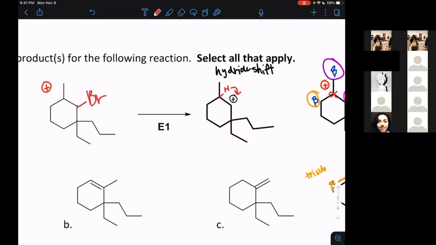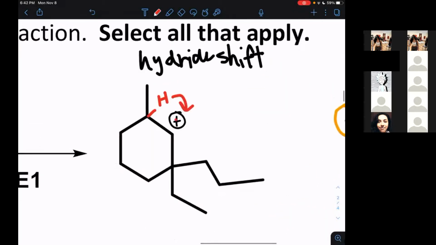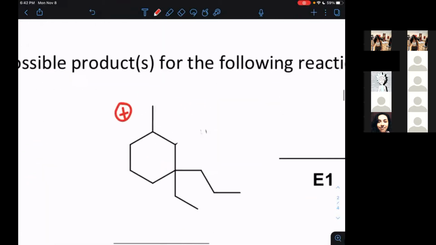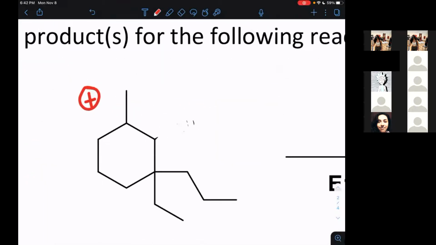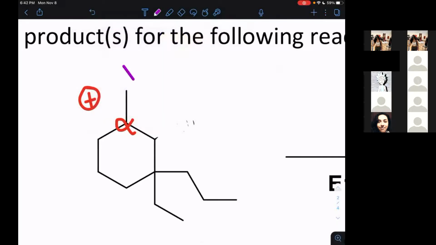So basically, I just destroyed our initial thing. This is BR, or whatever. And then first this one's gonna come off, so we'll have a carbocation right here, and then we're gonna do a hydride shift so that we change this positive thing over here. So this is what we'll have now, which means that this one's the alpha carbon. Then you have 3 beta carbons.